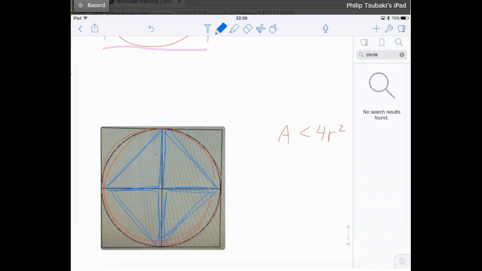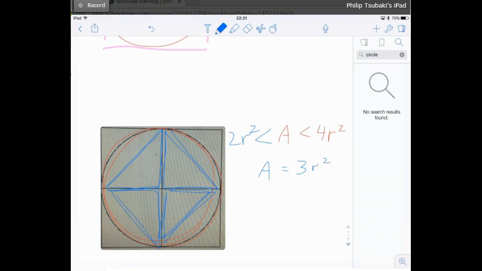And then you see we've easily put 2 of these small blue squares inside the circle. So we know that the area of the circle is bigger than 2r squared. So let's make a guess as to the area of the circle. It's between 2r squared and 4r squared. Let's guess that the area of the circle is 3r squared.